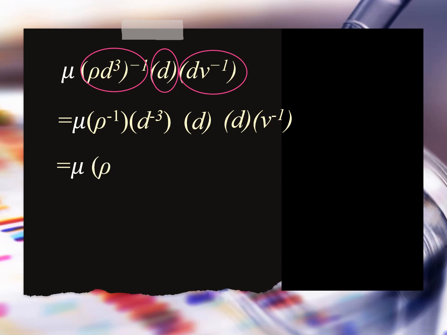D does not need simplifying again, so we just bring it down. And for DV raised to negative 1, it's now D times V raised to negative 1, which can be further simplified into mu times rho raised to negative 1, D raised to negative 1. Then we have a V raised to negative 1, or if we rearrange this equation, taking out all the negatives, you have mu over density D times V.